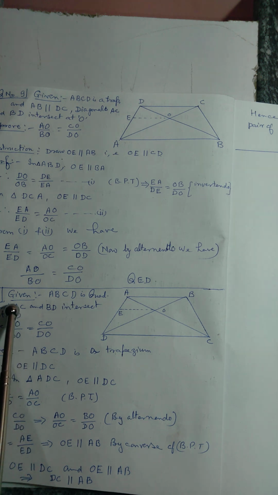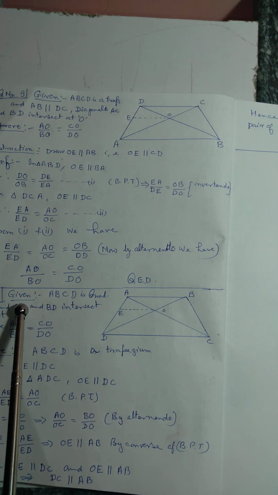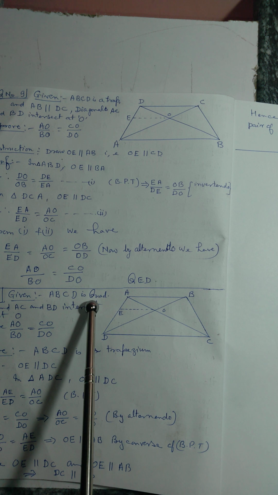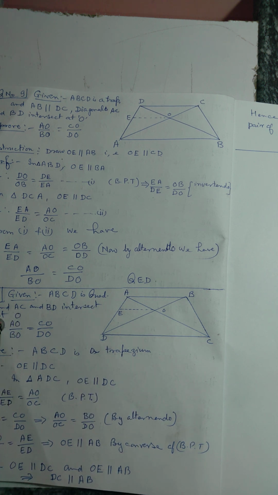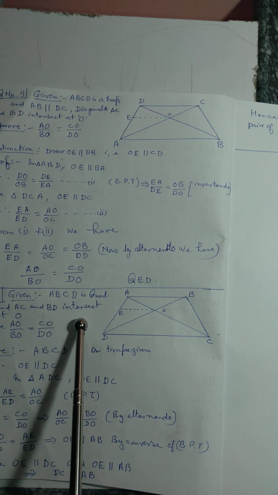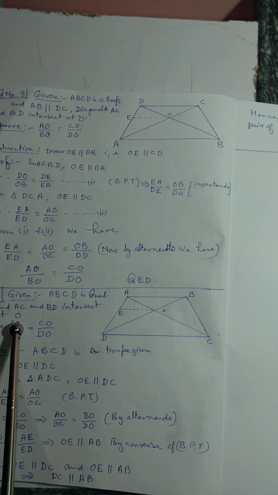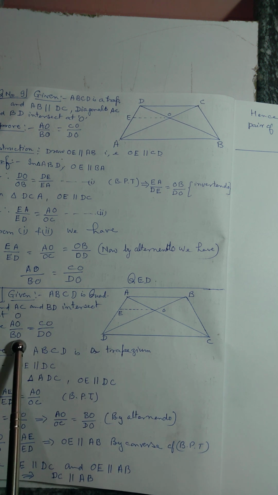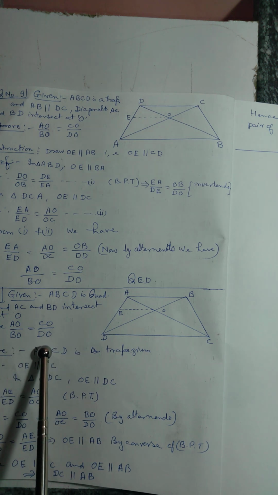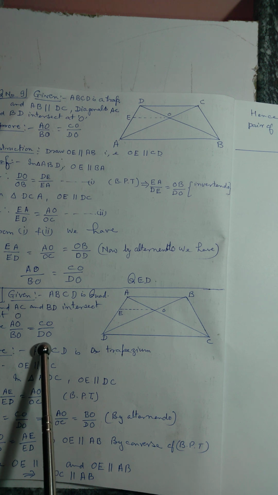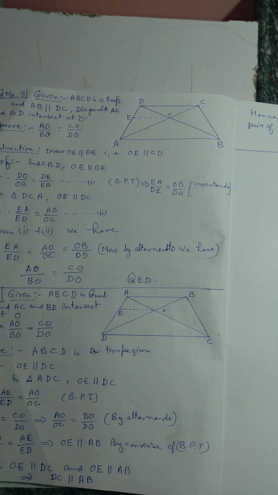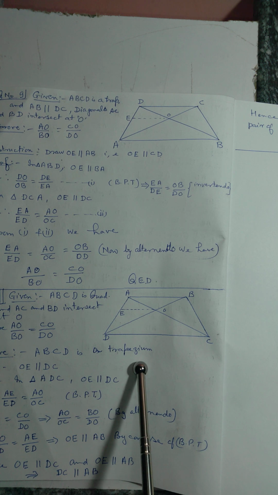Now see here, given that ABCD is a quadrilateral and AC and BD are the diagonals which intersect each other at O, and AO upon BO is equal to CO upon DO. We have to prove that ABCD is a trapezium.